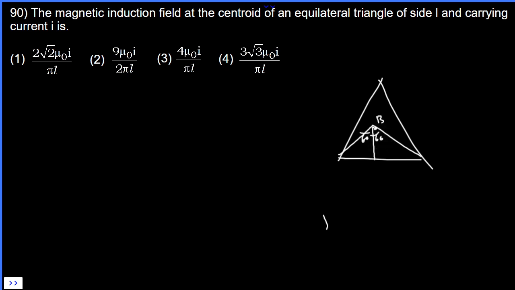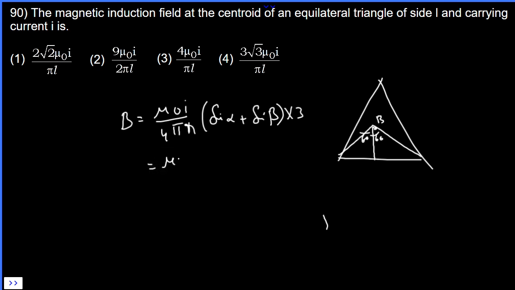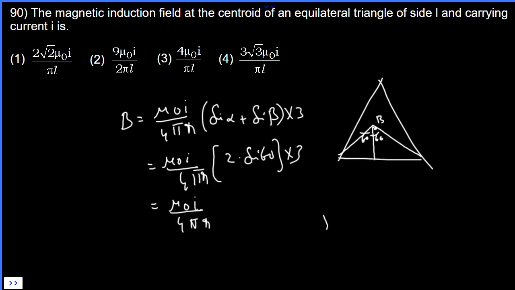So magnetic field at that point is B is equal to mu naught I by 4 pi r into sin alpha plus sin beta, into 3 for three sides. That is mu naught I by 4 pi r into sin alpha plus sin beta, which means 2 into sin 60, into 3. Sin 60 gives mu naught I by 4 pi r into 2 into root 3 by 2 into 3.